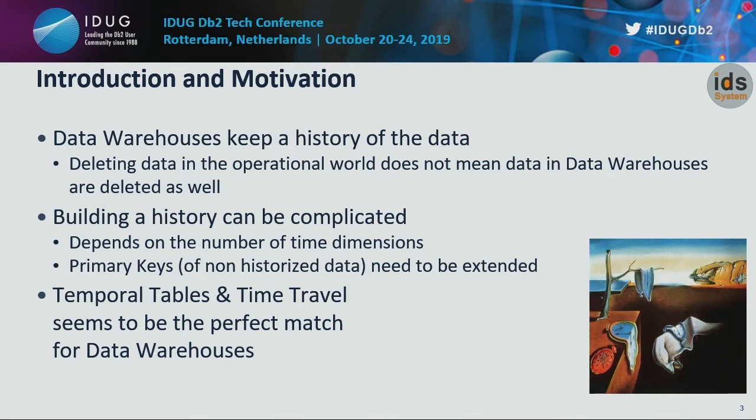So people did a lot of homework to do their own solutions, coming up with trigger-based solutions, application-based solutions, whatever. And this was the original target. But on the other side, I thought, well, I'm keeping a history of data in my data warehouse as well, so why not use it for that? And this is the story about that.